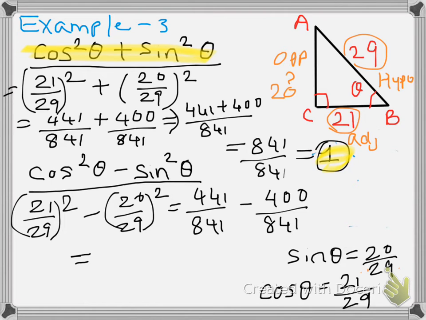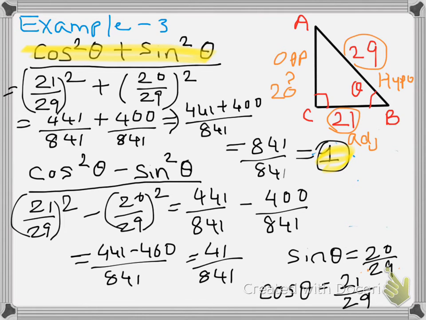Because the denominators are the same, again we can write 441 minus 400 divided by 841, which is 41 divided by 841, and that's the answer for this equation.